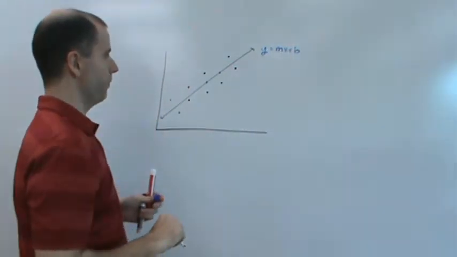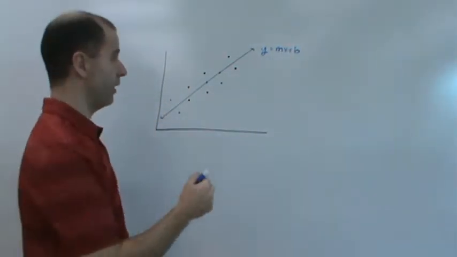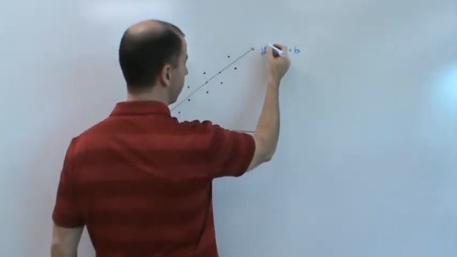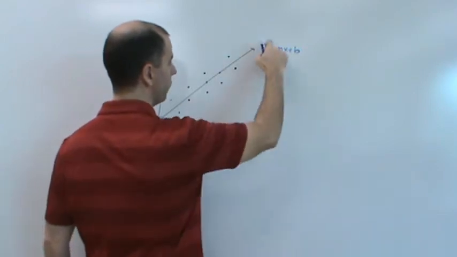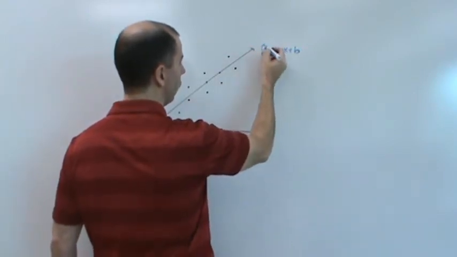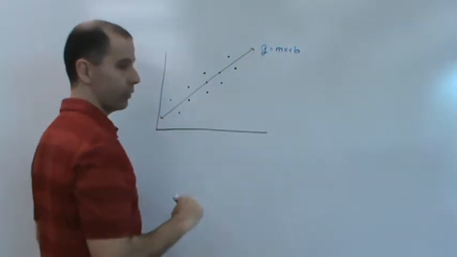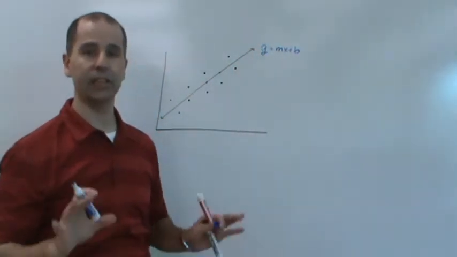Now if it's a regression line, then the y value, we put a hat on it. You can either put a prime, I've seen it with y prime, or y hat. If we do y hat, that means it's the predicted value.